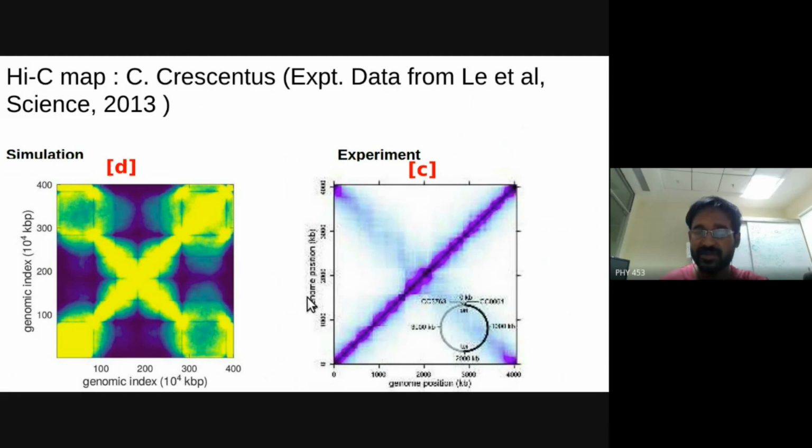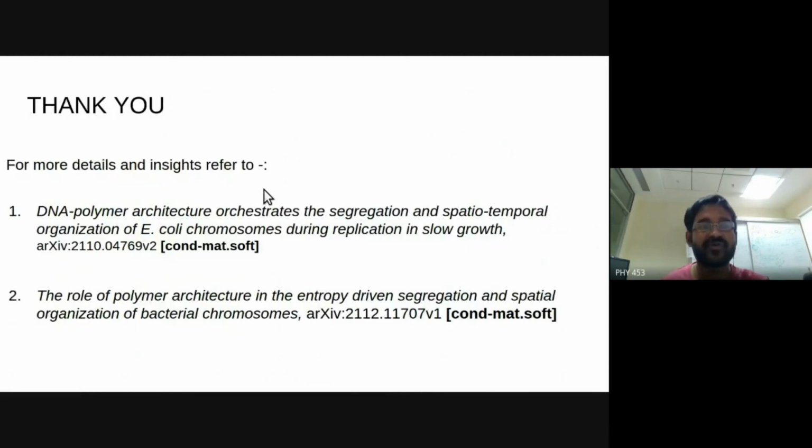So the Hi-C data also shows a relatively good match. Therefore, we believe that polymer architecture plays a key role in the organization of bacterial chromosomes. And for more details and insights regarding our work, the reader is suggested to refer to these preprints that we have put out. Thank you.